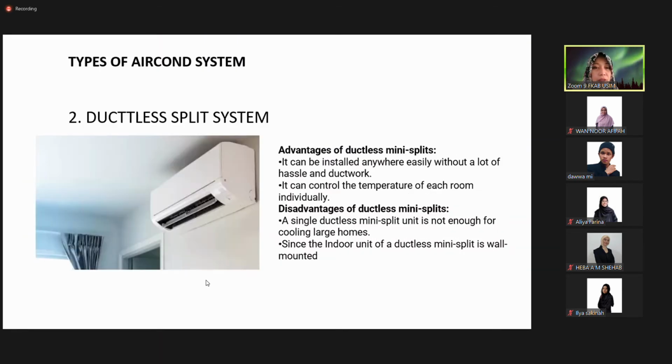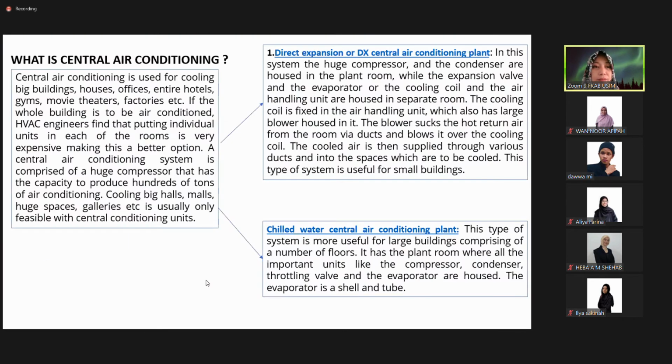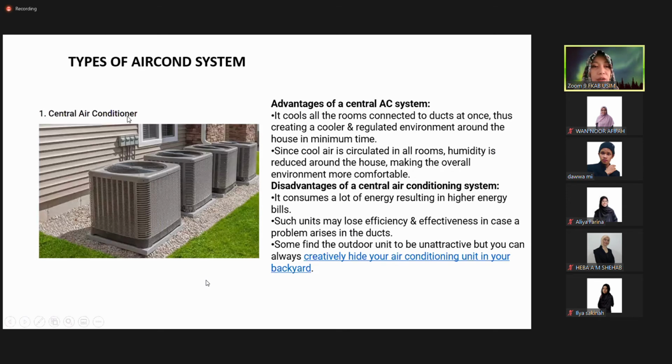And you also have a ductless system. Dan ada juga yang sistem-sistem lain. Tetapi for today kita just mention about ductless split system. Ataupun yang tadi itu is a central air conditioner. Okay, apa kebaikan?